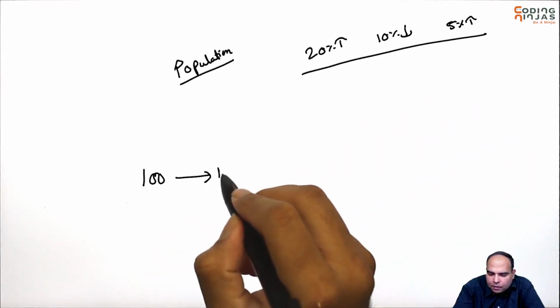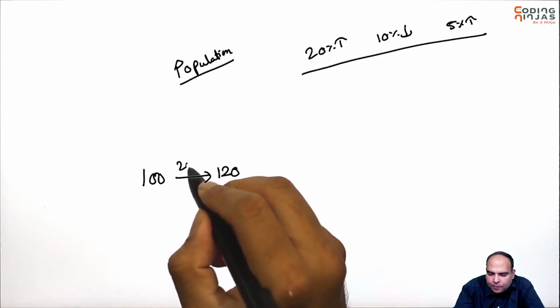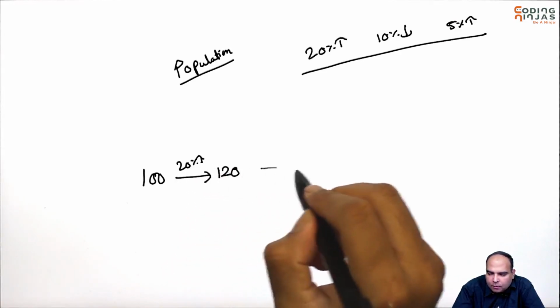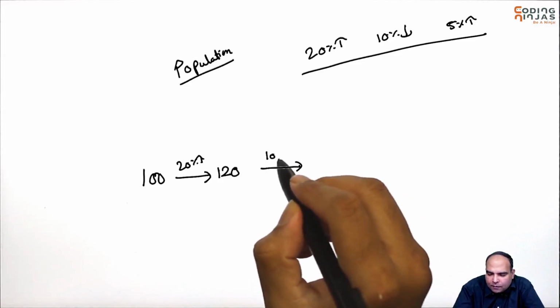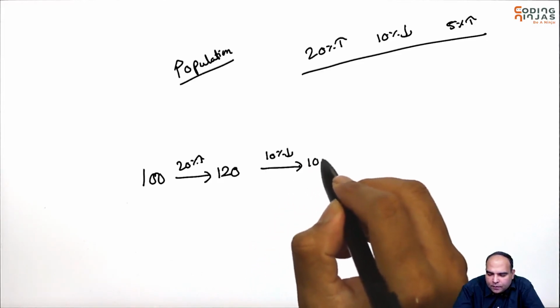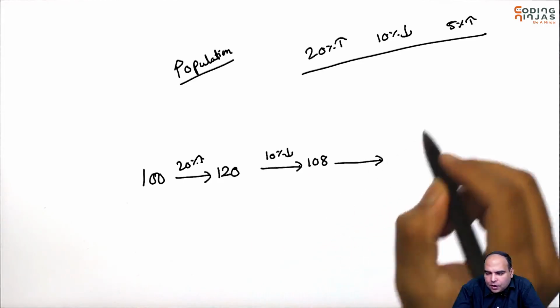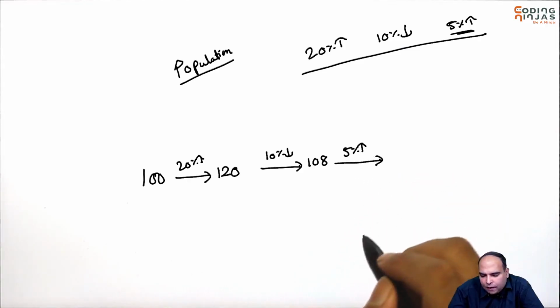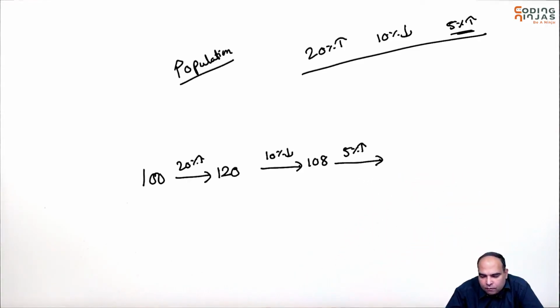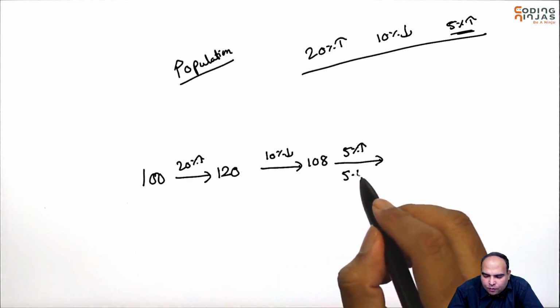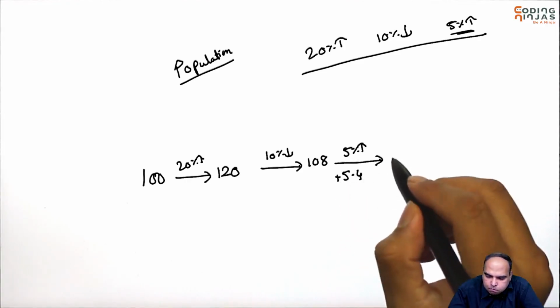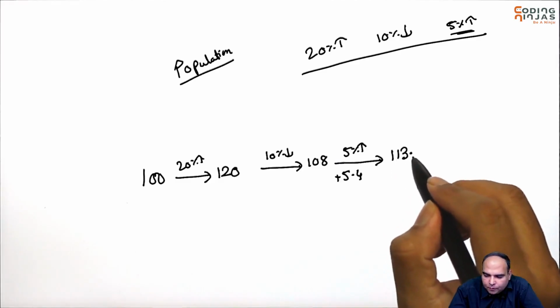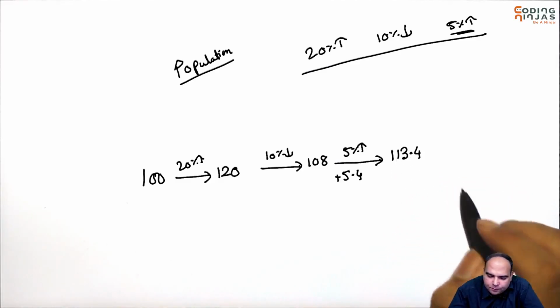So the population after 1 year will become 120 with a 20% increase. The population after 2 years will become 108. And the population after the third year, with a 5% increase, 5% basically means 1 by 20, which in this case will be 5.4. Your final population is 113.4.